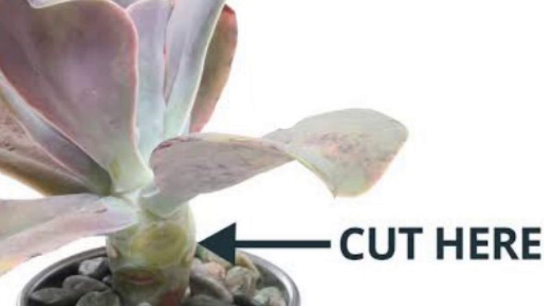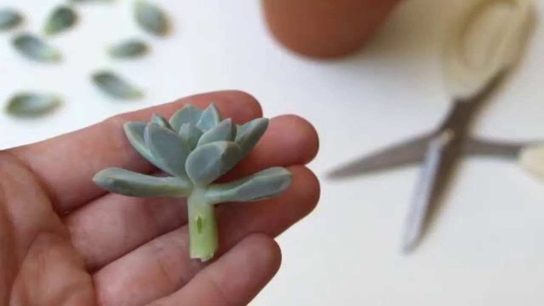Pag naman na-distribute na yung rot doon sa stem, you have no choice than to cut the root off hanggang sa wala kayong makikitang black spot doon sa stem. Pag naman yung rot umabot mismo doon sa rosette, you have no choice than to behead your succulent.